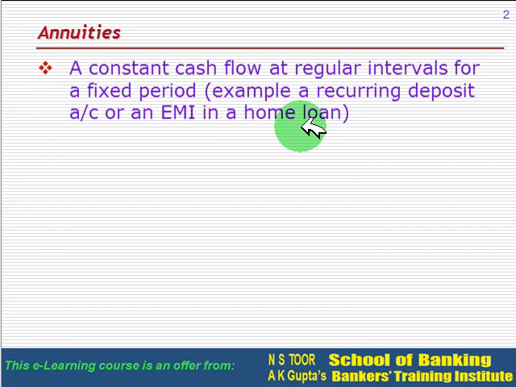So these are examples of constant cash flow at regular intervals and for a fixed period. So these are called annuities, a constant cash flow at regular intervals for a fixed period.